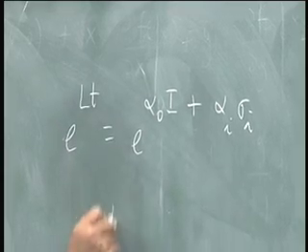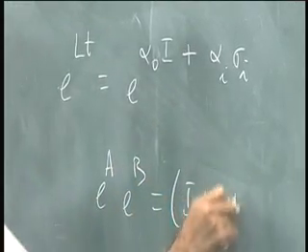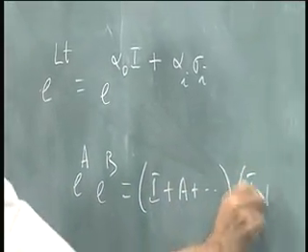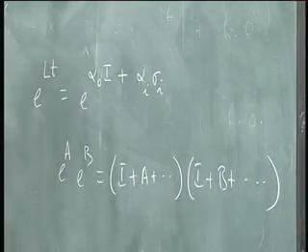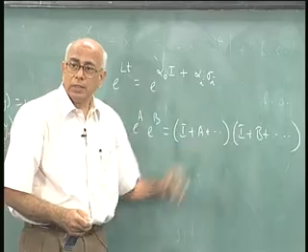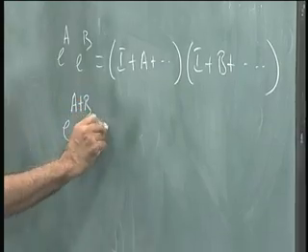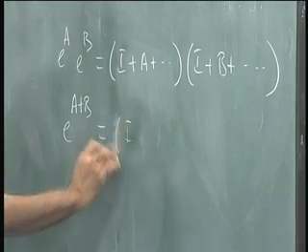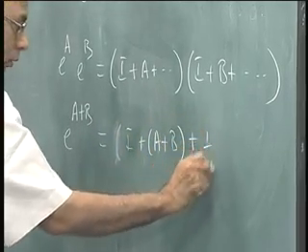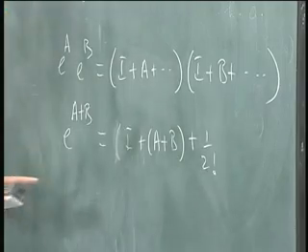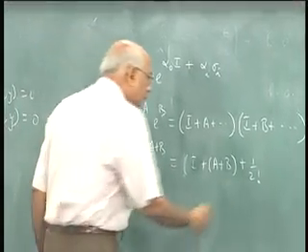So you can see that e to the a, e to the b is I plus a plus etc, I plus b plus etc, and if I work this out and write it out, all the a's stay on the left and all the b's stay on the right, but if I took e to the a plus b equal to I plus a plus b plus 1 over 2 factorial, and what is the next term? What is the quadratic term?